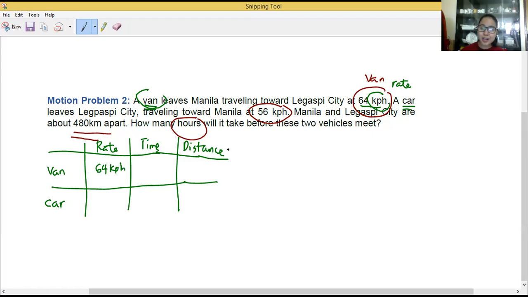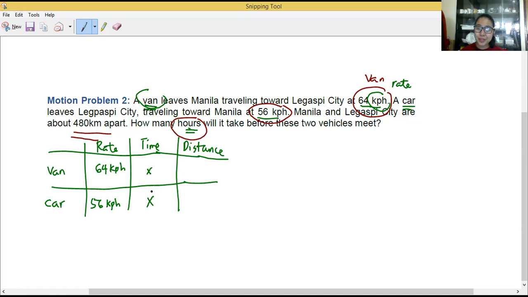How about the car? The car is moving at 56 kph. Now then, stop reading the problem. What is being asked? We're looking for hours. That's time. So we don't know the time. We just write x and x.